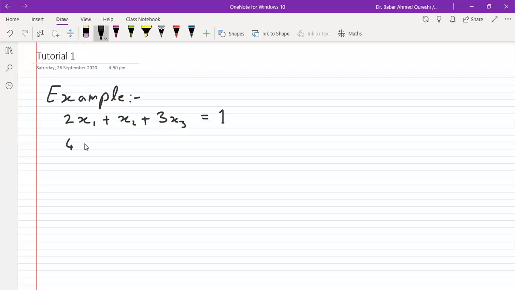The second equation is 4x1 plus 3x2 plus 5x3 equals 1. And the last equation is 6x1 plus 5x2 plus 5x3 equals -3.